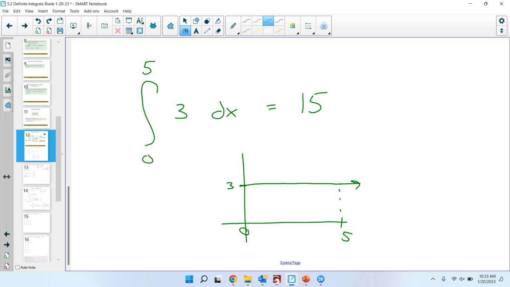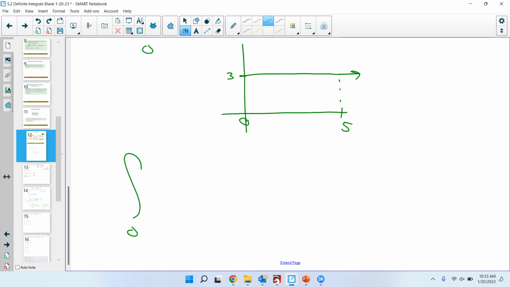What if I change this to an integral from 0 to 5 of 3x? All right, what'd you get? 50 thirds?